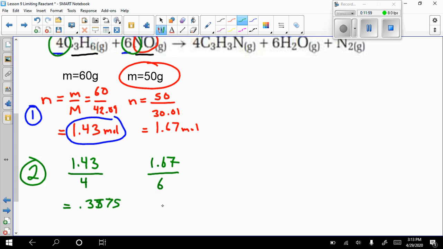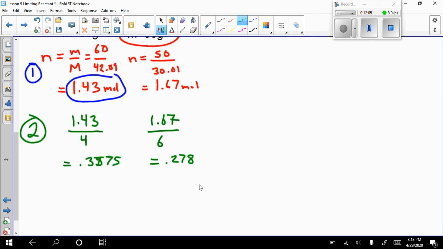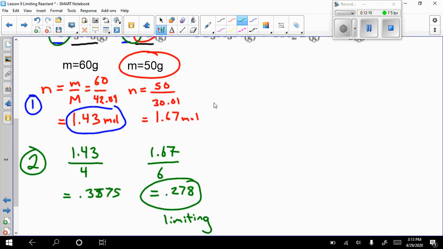And when I do it here, I get 0.278. And so whichever one of those is the smallest is the limiting reactant. So interestingly enough, our untrained chemist did actually guess the correct one, but we can see that it was just by luck, because you've got to consider the two different things here.